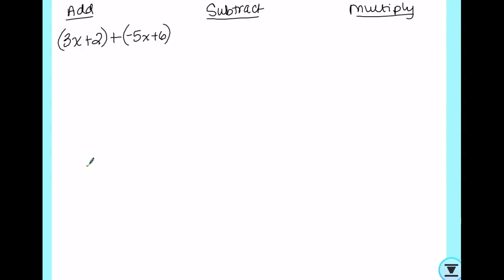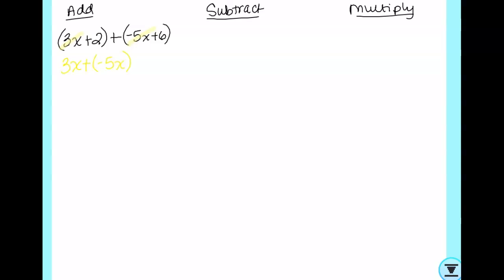The way that we would do this if it was binomials is we would find the parts that are similar, the like terms, and combine those together, and then combine the other like terms together. If we look at this one, we can see that these are like terms because they both have the x's. So for that one we have 3x plus a negative 5x.